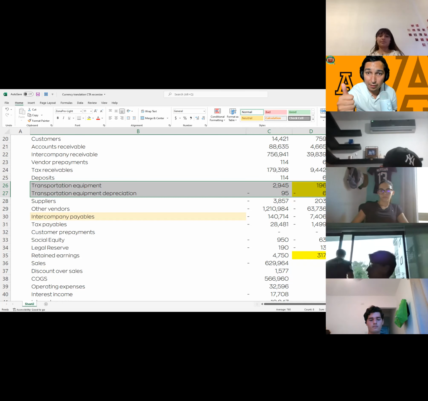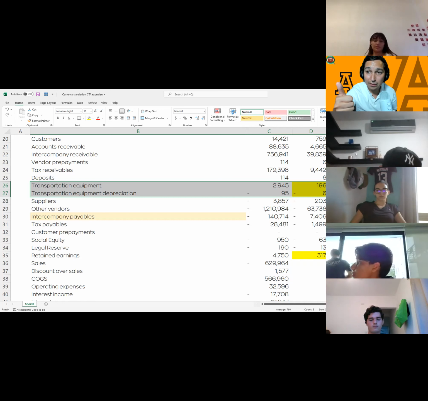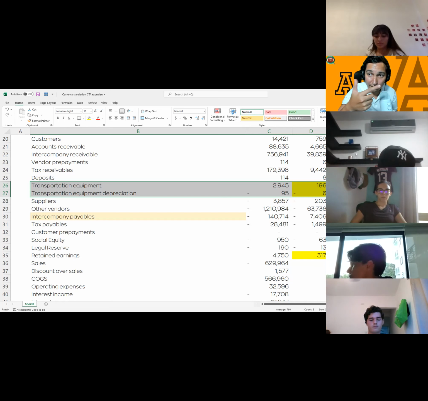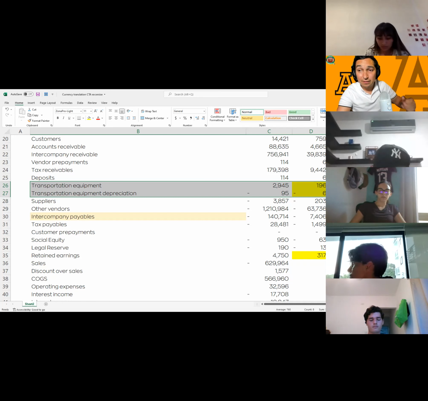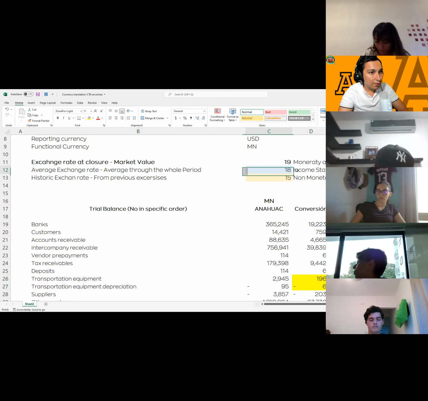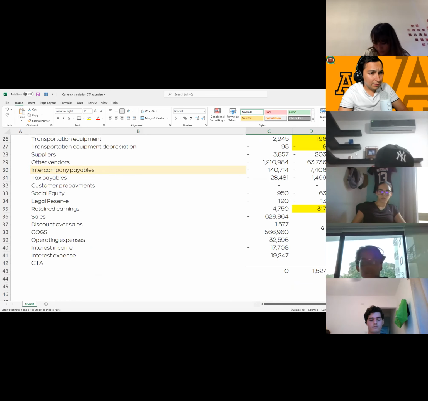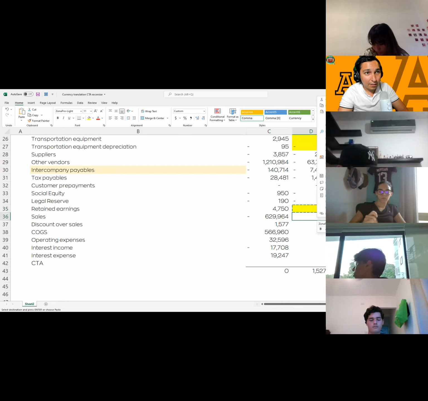That's the difference between non-monetary accounts in the fixed assets, and the difference in the non-monetary accounts in the retained earnings, okay? Please don't get confused with those. In there we start with the discrepancy. So by the end of this, it's just applying the sales, the income statement.